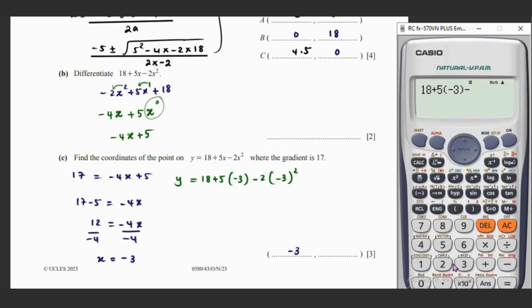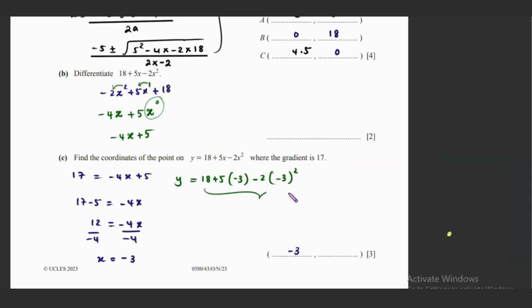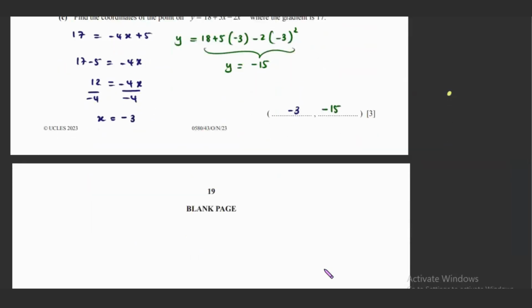Then I have minus 2 times minus 3 squared. So when we solve this, we get minus 15. This minus 15 that we get is the value for y. So the y value is minus 15. So this will be the coordinates of the point that they are asking us to find. With that, we will be done with all the questions that we have in this paper.